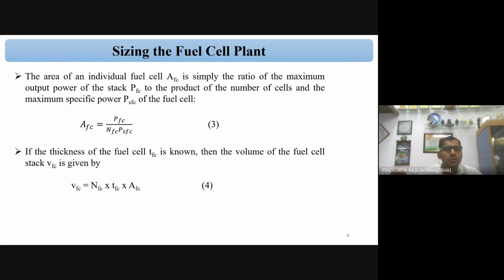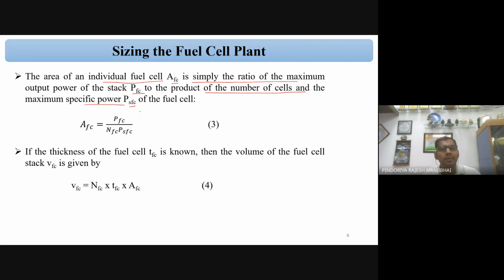The area: how much area is required for a particular fuel cell? The area of the individual fuel cell, A_FC, is simply the ratio of the maximum output power of the stack, P_FC, to the product of the number of cells and the maximum specific power, P_SFC.